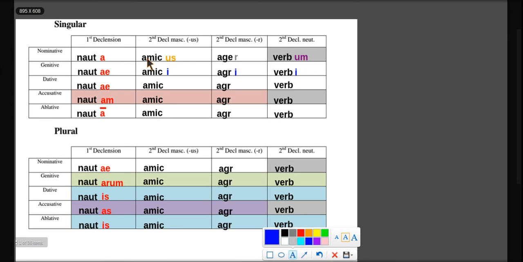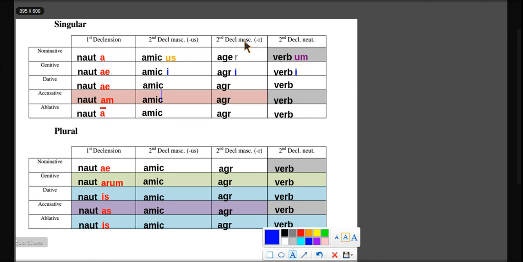Now, coming to our second declension, we have four main types. We have second declension masculine nouns that end in us. Here our example is amicus, amici, which means friend. We also have second declension masculine R nouns.